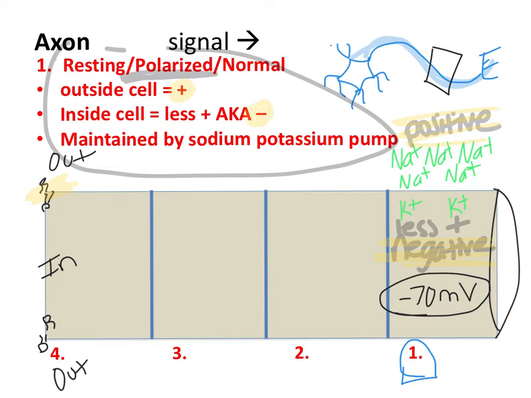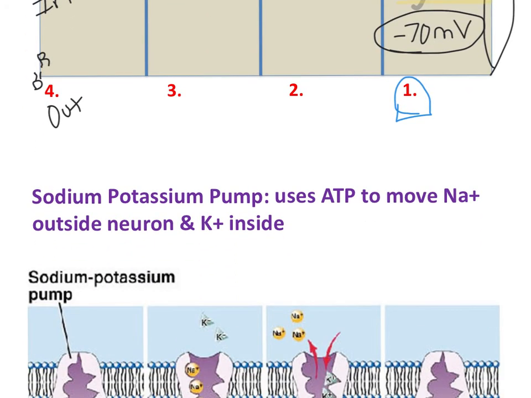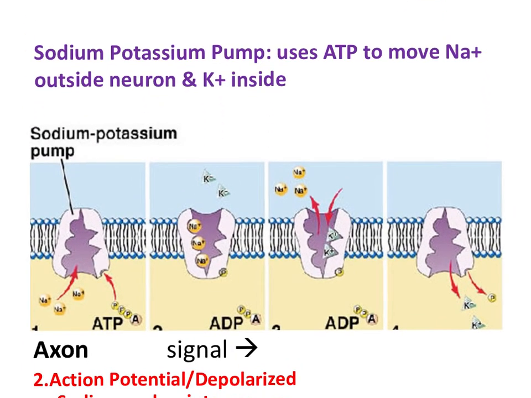There is a pump that the cell uses to push the sodiums to the outside. We call that the sodium-potassium pump, simply because it moves sodium and potassium ions. The neuron purposefully sets up this separation of charge using energy, using ATP.